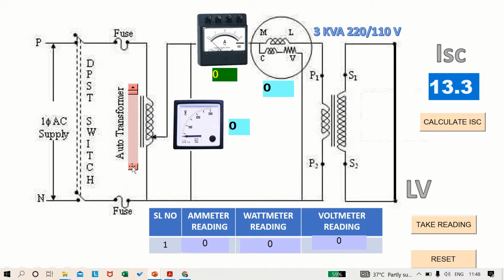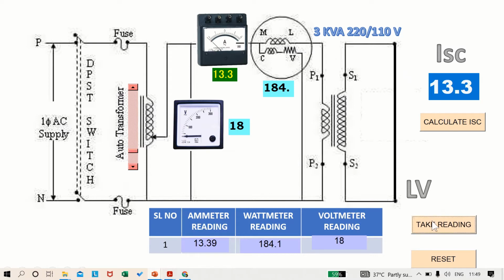Using this auto transformer, I am going to circulate the rated current, that is 13.3 amperes, and to circulate this 13.3 amperes, I require only 18 volts. Now 184 point something is the reading of the wattmeter, which gives the full load copper loss, because I am applying full load current here.